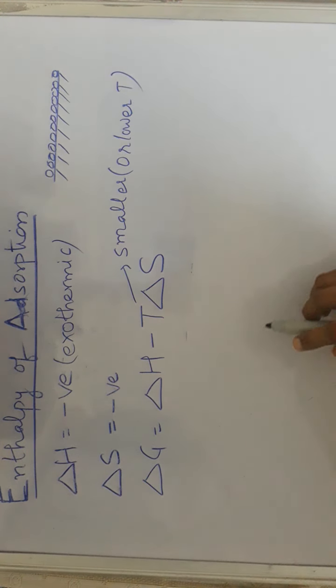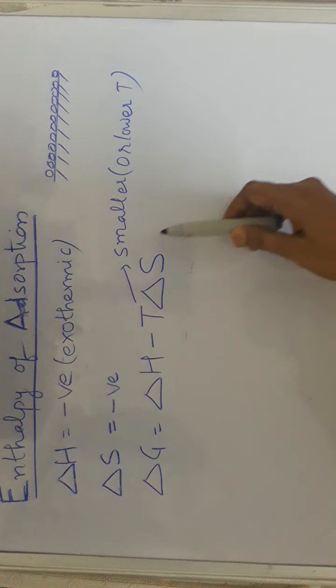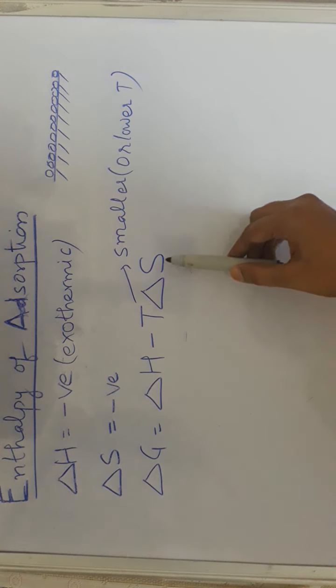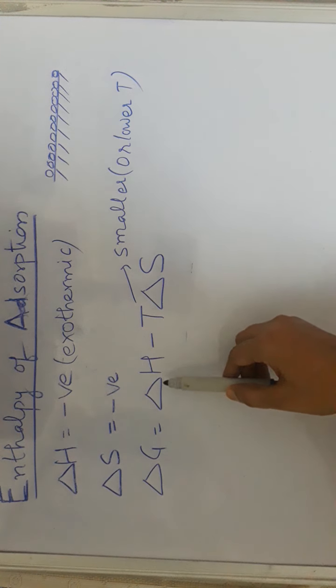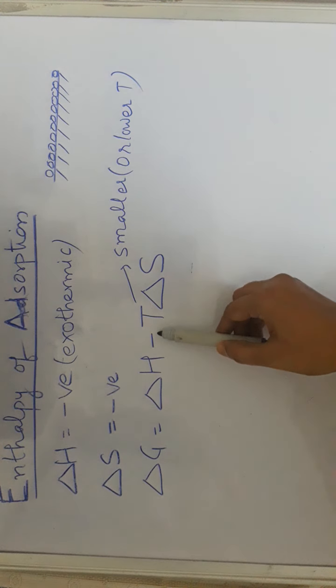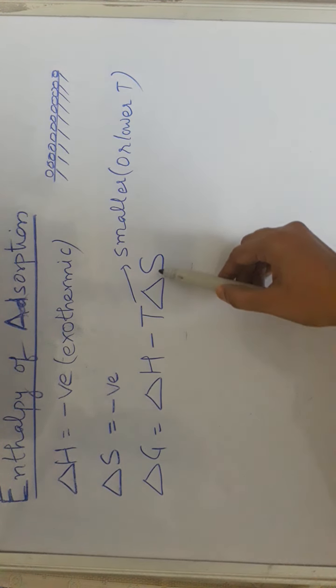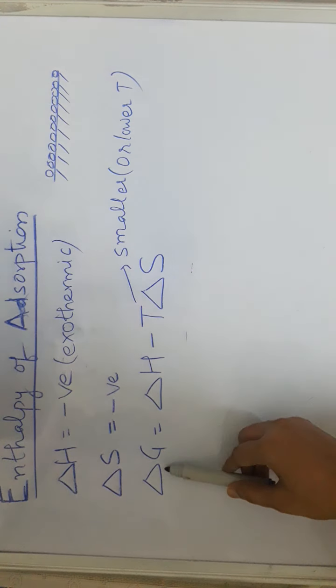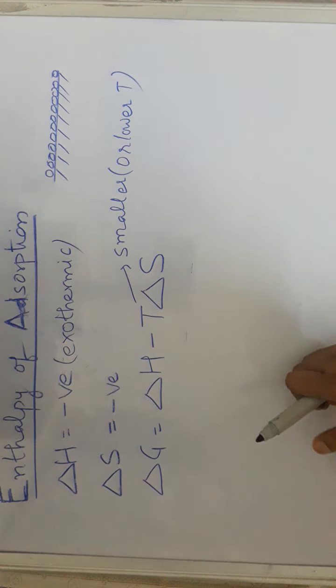At lower temperature, the product T delta S will be lower, and hence, as the sign of delta H is negative and this is becoming positive due to the negative sign of delta S, delta G will be negative if temperature is low.